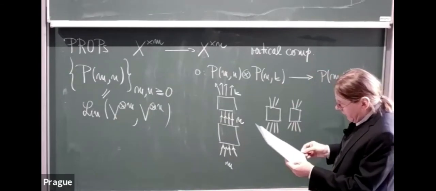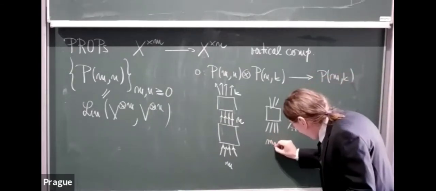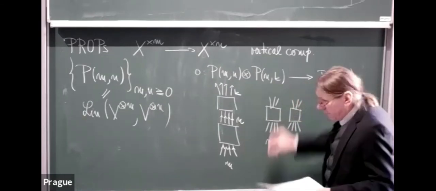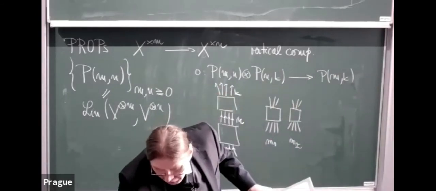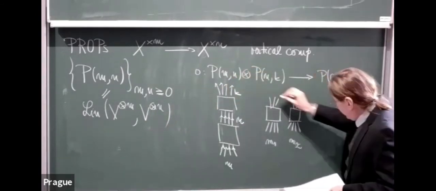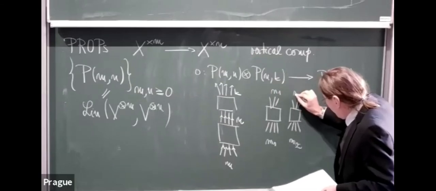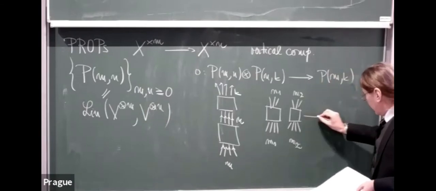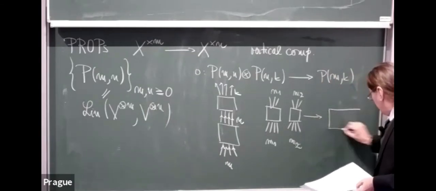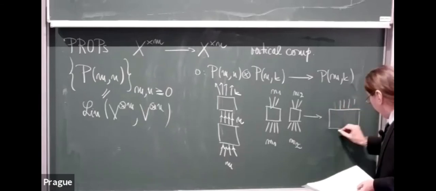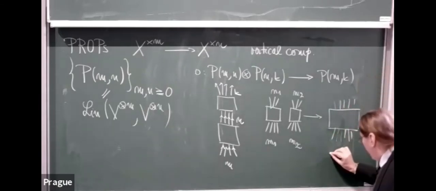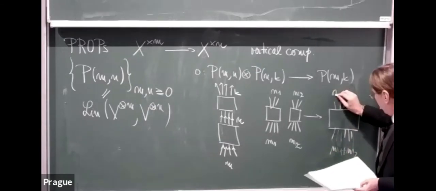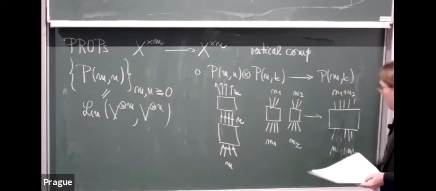So I have, let's say, m1 inputs and m2 inputs, n1 outputs and n2 outputs, and the result is something which has m1 plus m2 inputs and n1 plus n2 outputs.